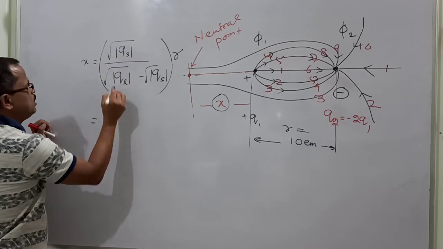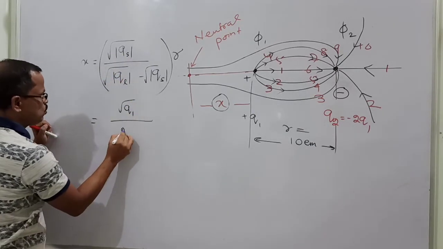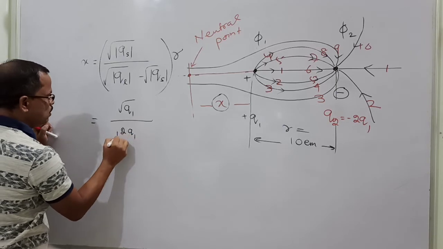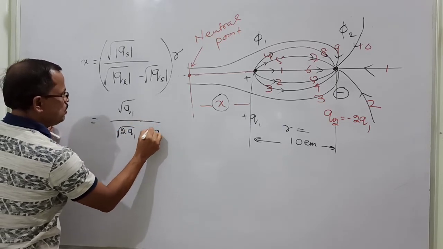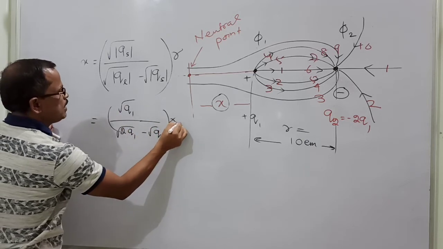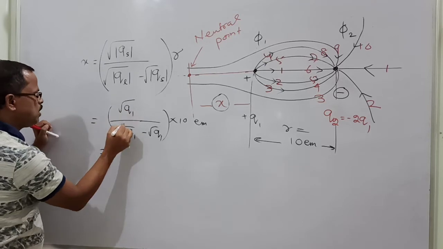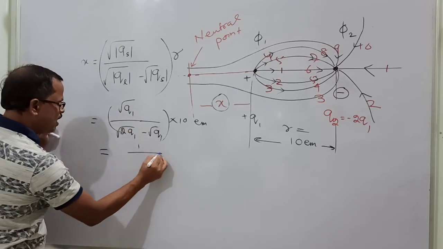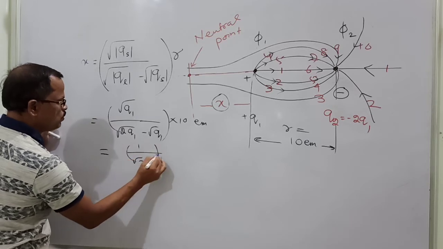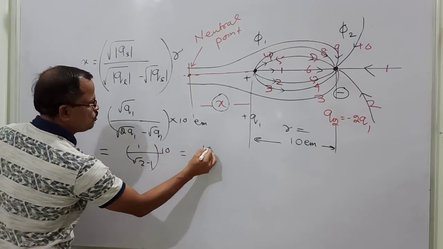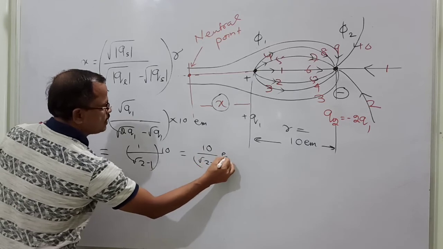Now root Q1 over root 2Q1 minus root Q1, whole into 10 centimeter. Q1 is cancelled out, so it will be 1 by root 2 minus 1, whole into 10, that is equal to 10 by root 2 minus 1 centimeter.